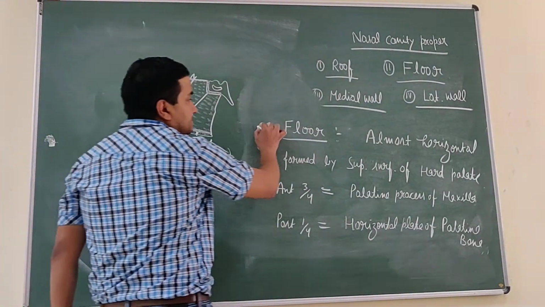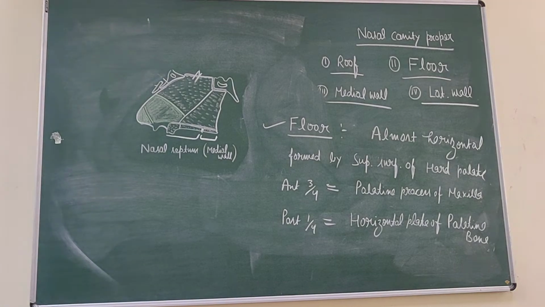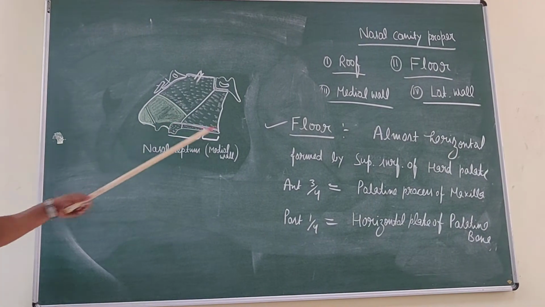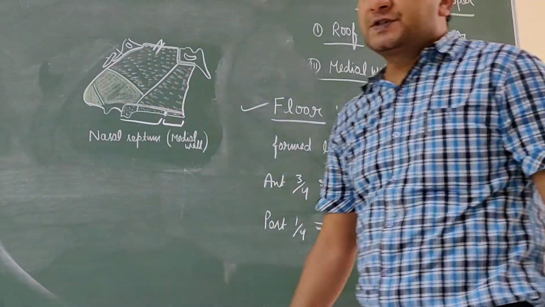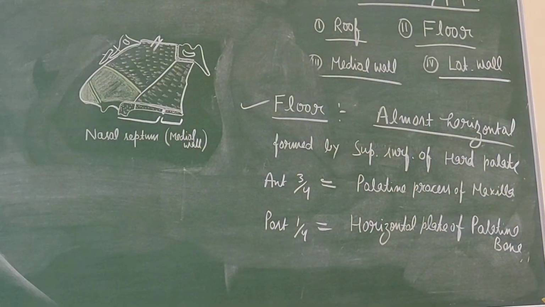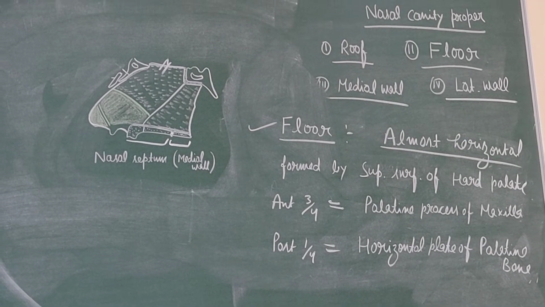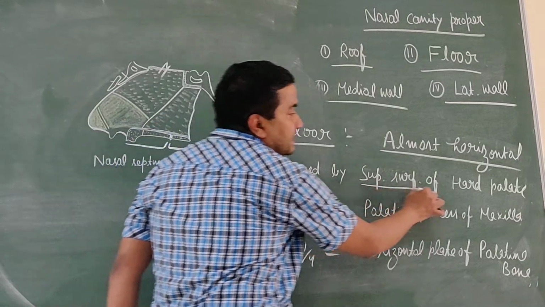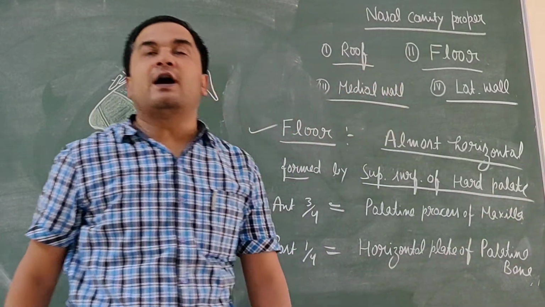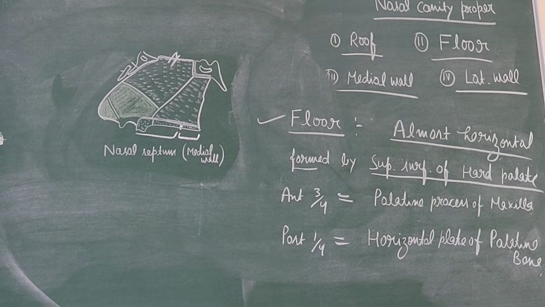Now the floor of the nasal cavity proper. This floor is almost horizontal, and it separates the nasal cavity from the oral cavity. It is formed by the superior surface of the hard palate covered by mucous membrane.